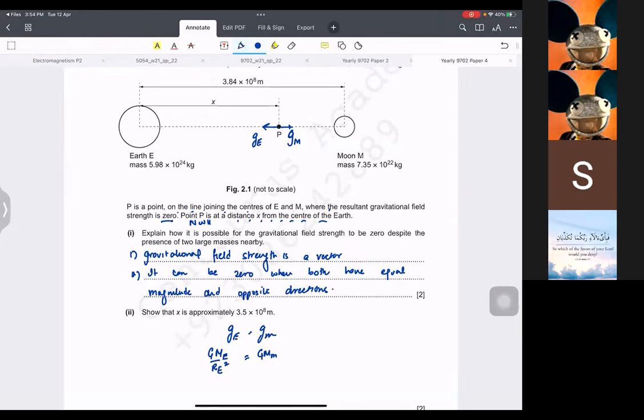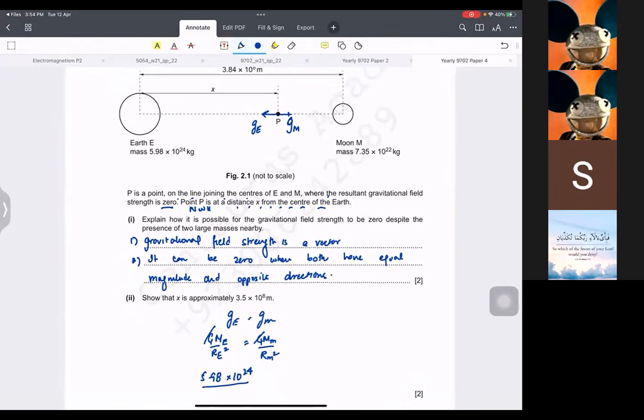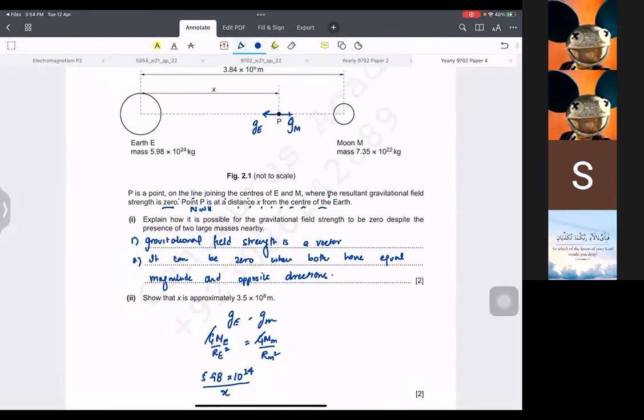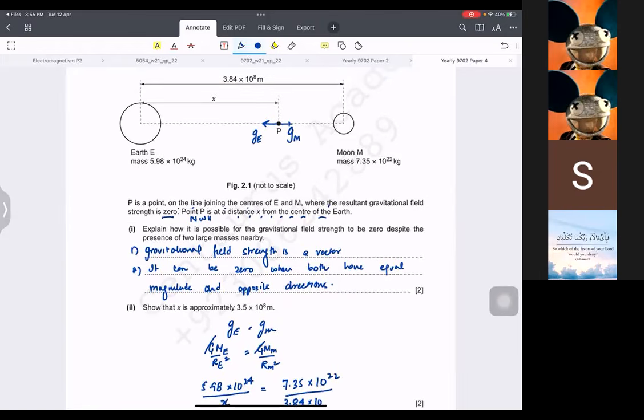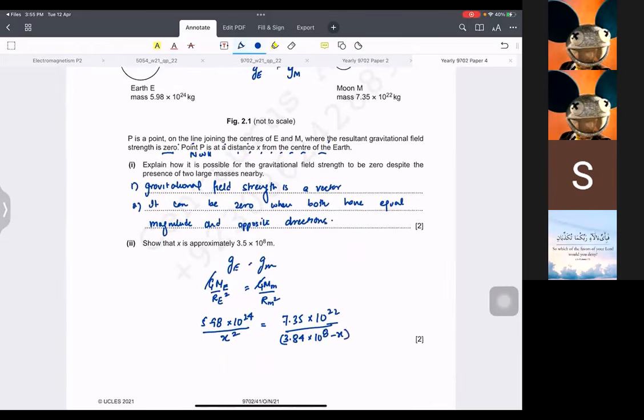This is Moon over R Moon squared, like this, right? So now G and G don't matter really. Mass of Earth is 5.98 times 10 raised to 24. And the radius to this is x. Whereas this is 7.35 times 10 raised to 22. And this would be 3.84 times 10 raised to power 8 minus x. And this should be squared, and this should also be squared.